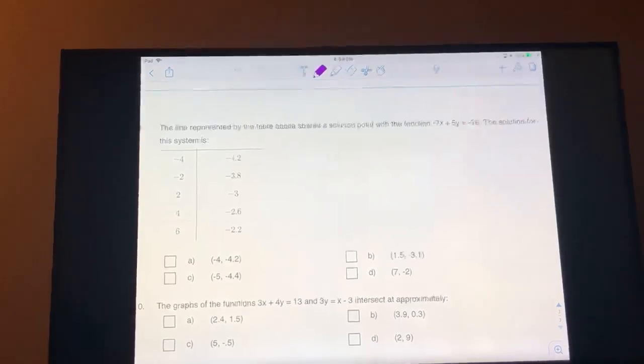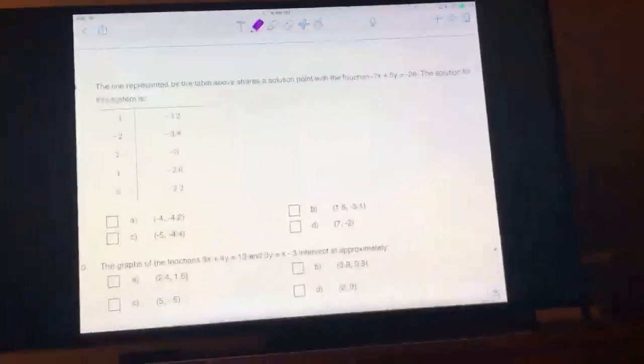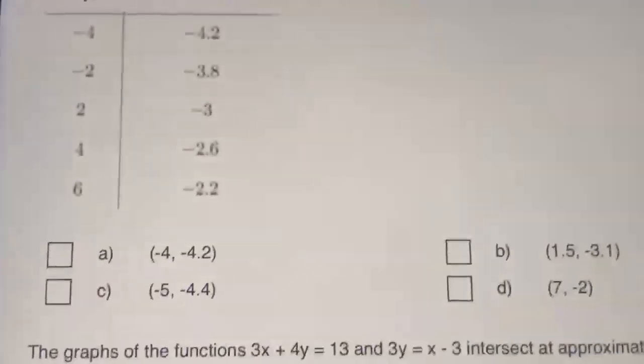Let me try something because this is coming out really blurry. I'm gonna just record my iPad instead. Hold on one sec, sorry.